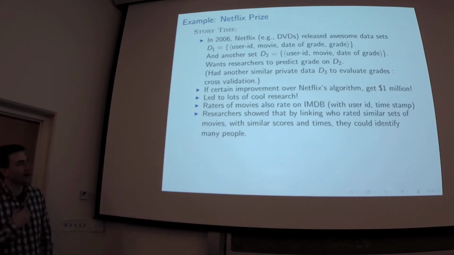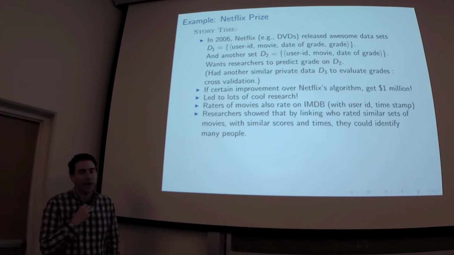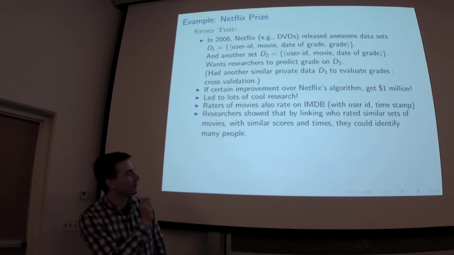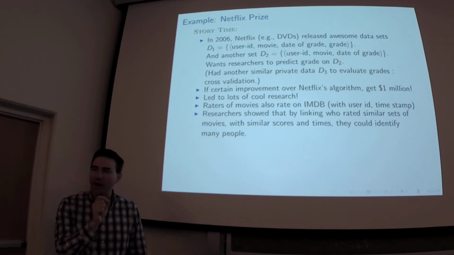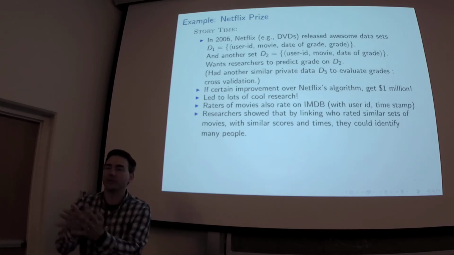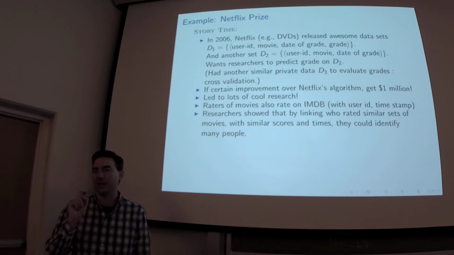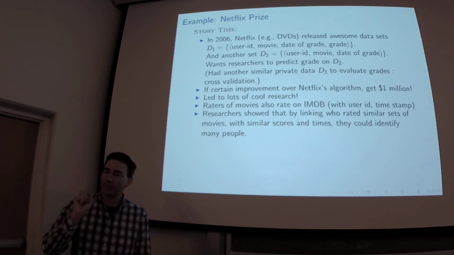So some researchers were able to show a link between these similar data sets. The insight was not just what movies they watched, because as we discussed, there's a smaller latent space and people tend to watch similar movies, but because they gave the time that they rated them, this was a pretty big clue.